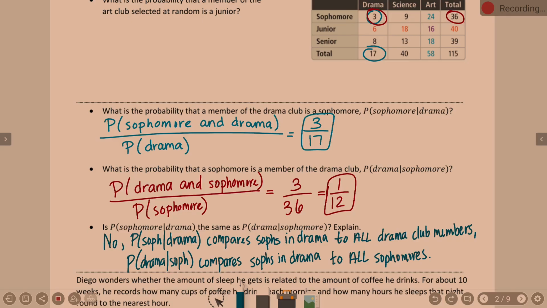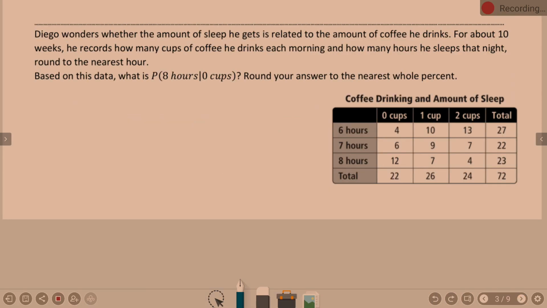Okay. So start reading about Diego. Diego wonders whether the amount of sleep he gets is related to the amount of coffee he drinks.